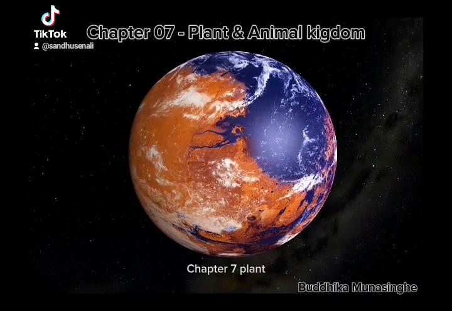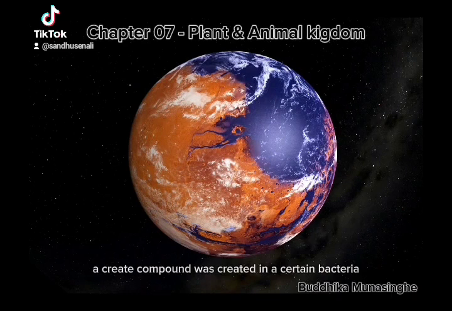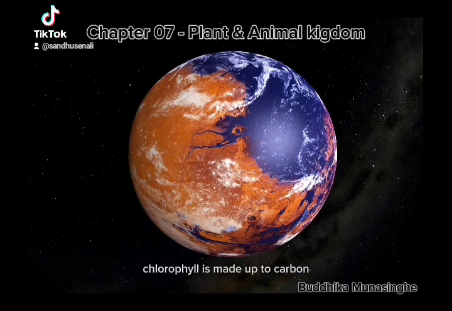Chapter 7, Plant and Animal Kingdom. During this time, due to a mutation in the DNA strand, a great compound was created in a certain bacterium. Chlorophyll is made up of carbon, hydrogen, oxygen, nitrogen and magnesium.